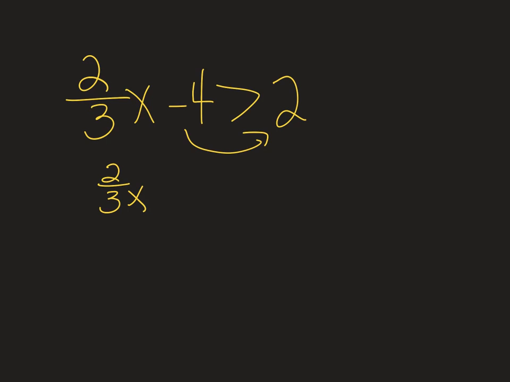The opposite of minus 4 would be plus 4, which cancels. Greater than 2 plus 4 is 6. Now, notice here that I have 2/3 x. That's the same as multiplying. So my inverse operation would be through division. So I'm going to bring this over through division. And when I do that, that cancels.